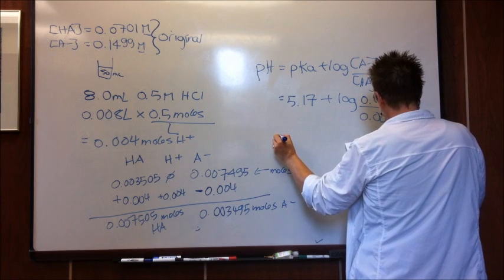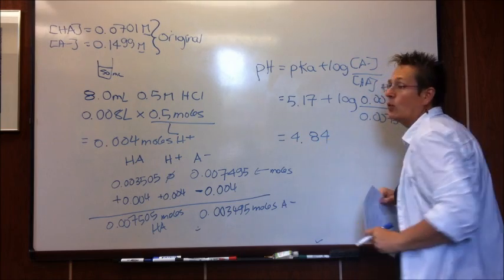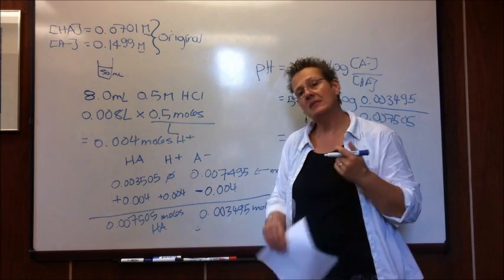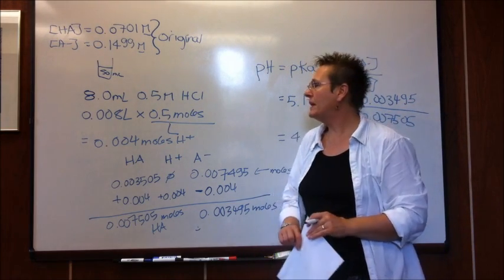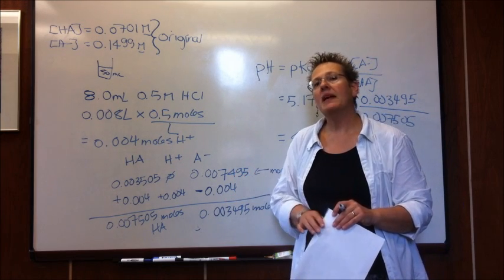That gives us a value of 4.84 when you calculate it out. So you can expect on the first midterm for there to be buffering capacity questions of at least those two different types, plus a make-a-buffer question.